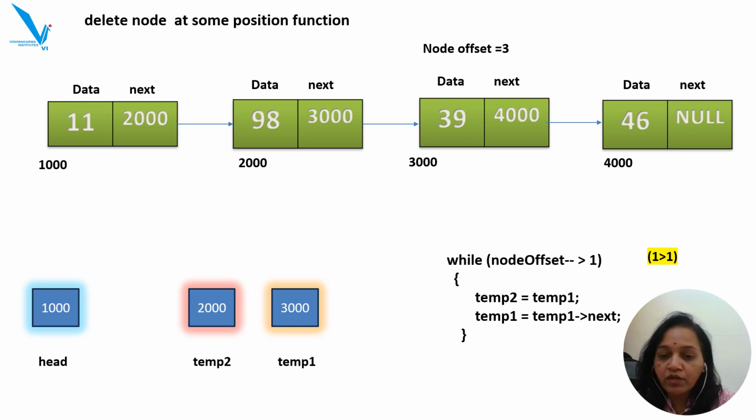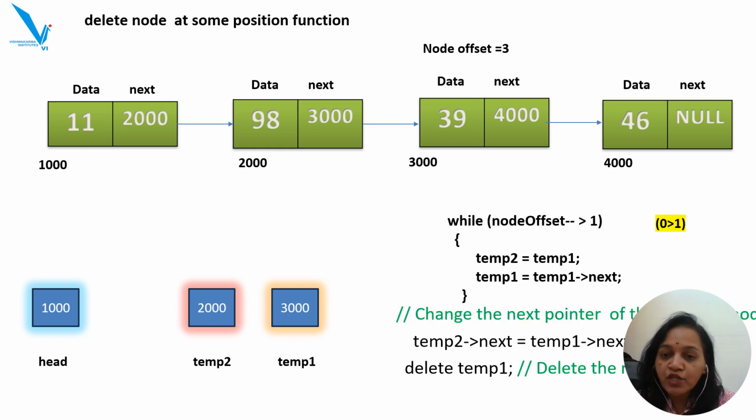Now again we have to run this loop, and now what will happen? Node offset minus minus, that is 1 minus minus, 0 greater than 1. Now this condition becomes false and the inner loop will not be executed. So now the value of temp2 and temp1 will not be updated. So what you have to do, see the situation.